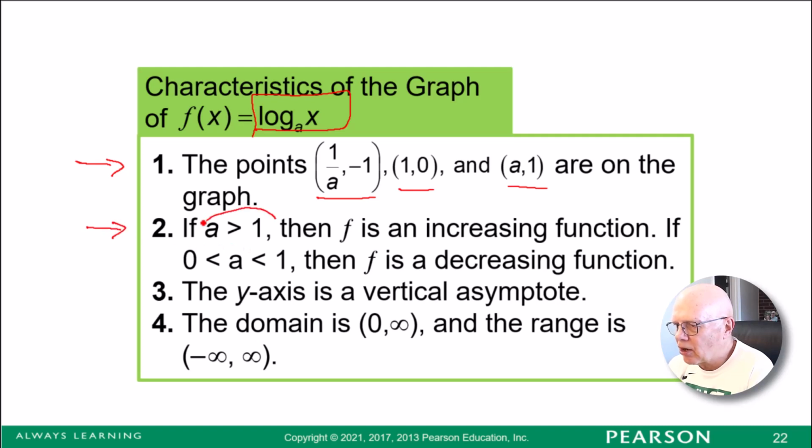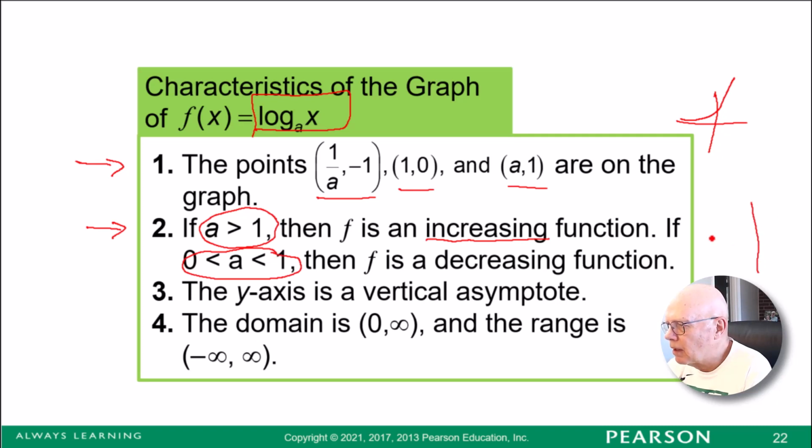If a is greater than 1, then what you've got is an increasing function, like this. If a is between 0 and 1, your graph looks like this instead. It's rotated around the y-axis. Flip it around.